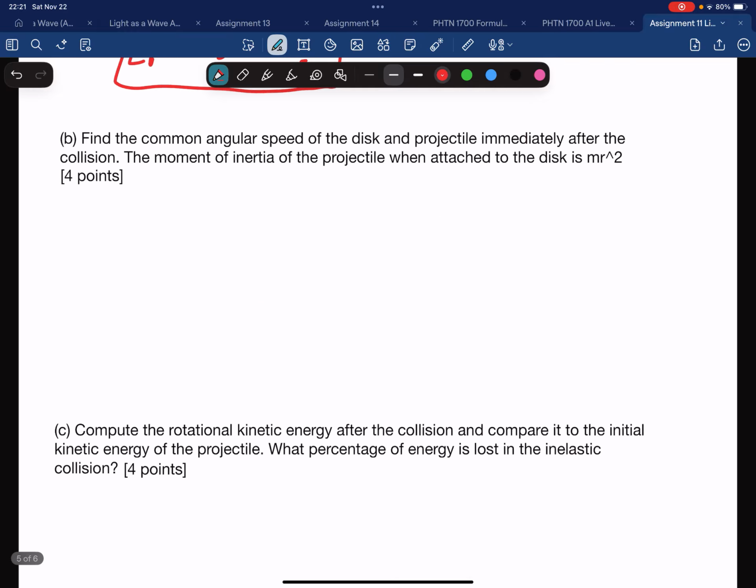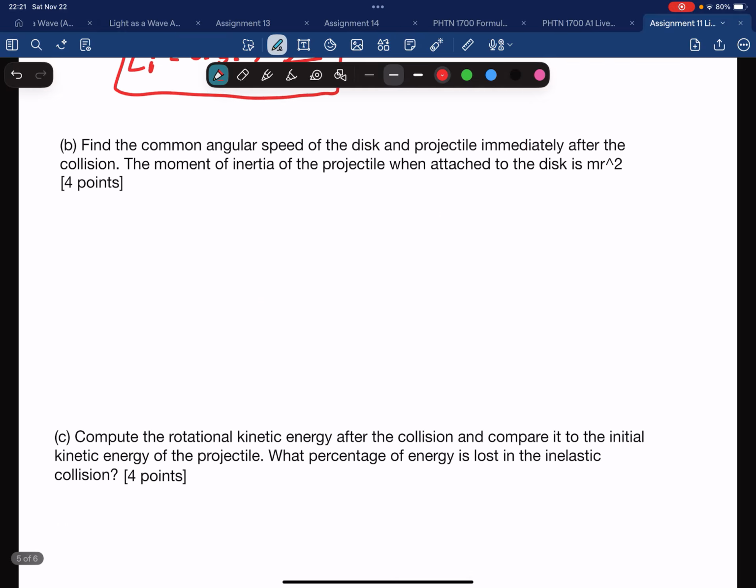B, find the common angular speed of the disk and projectile immediately after the collision. The moment of inertia of the projectile when attached to the disk is mr squared.